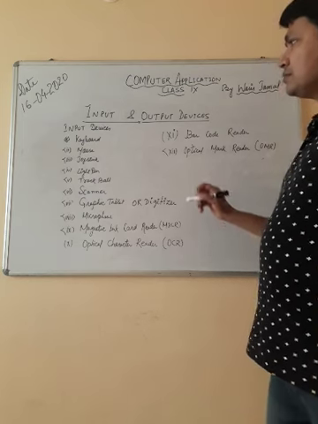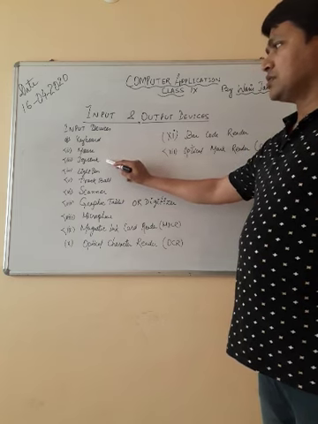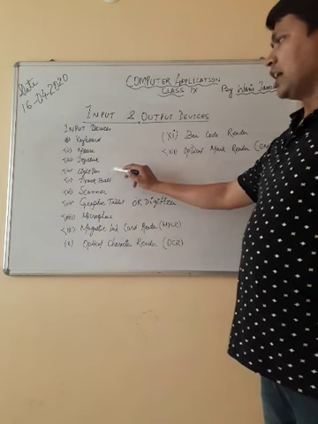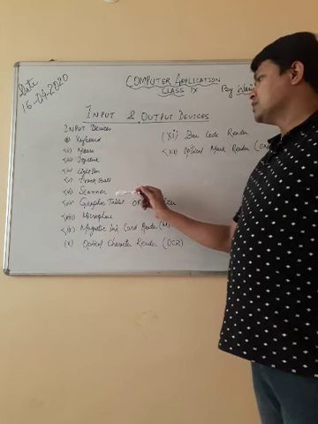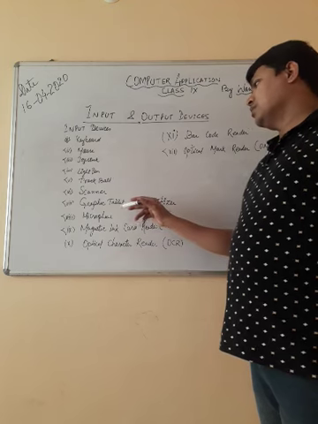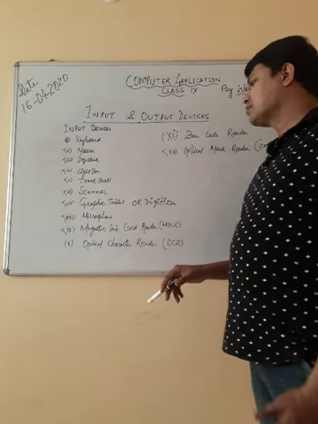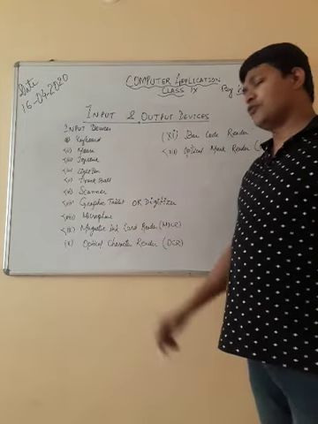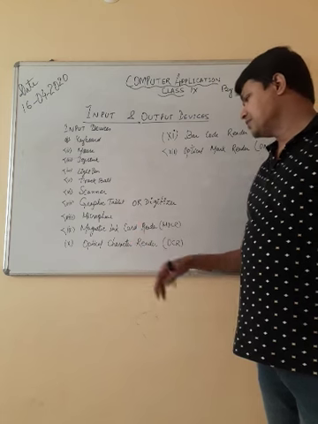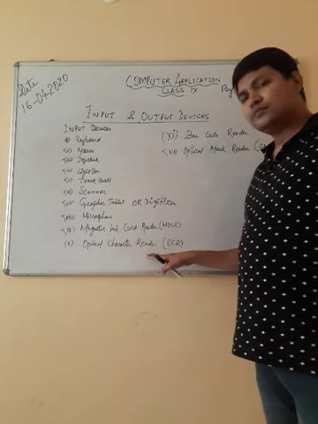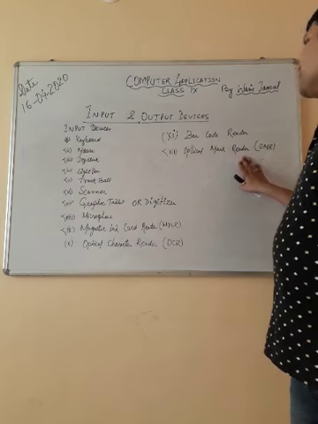The first is keyboard, the second is mouse, the third is joystick, fourth is light pen, fifth is trackball, sixth is scanner, seventh is digitizer or graphics tablet, then microphone, magnetic ink card reader or character reader, optical character reader, barcode reader, and the 12th one is optical mark reader.